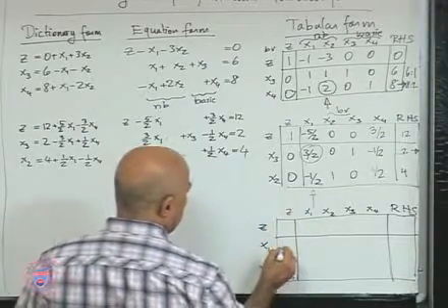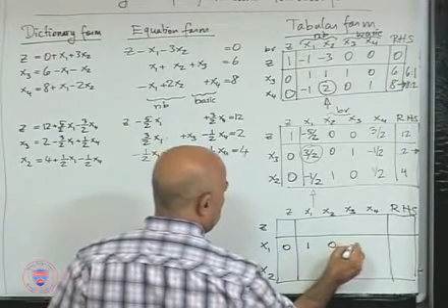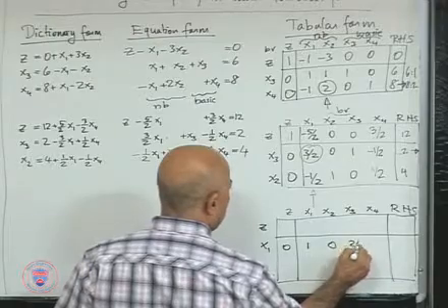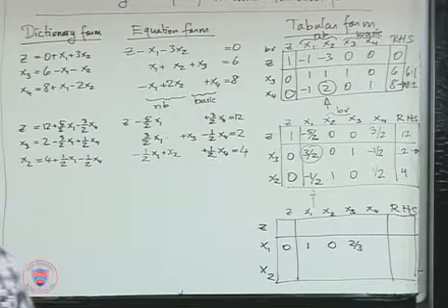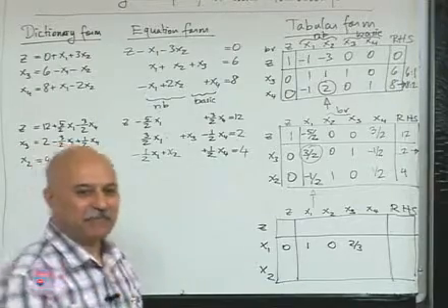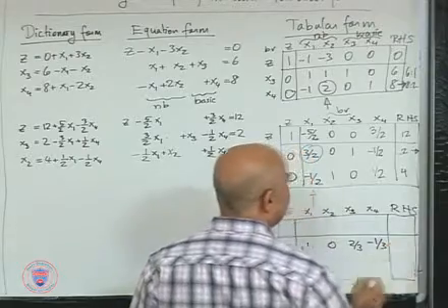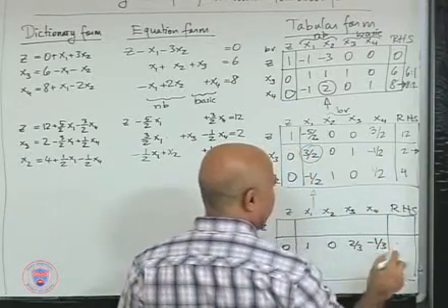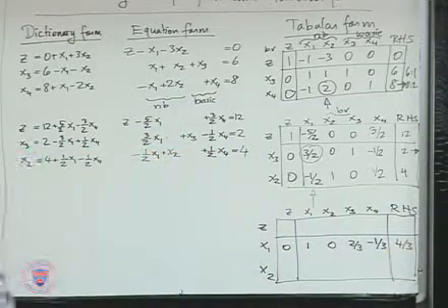So when you do that, you get 0 here, 1 here, 0, 2/3, minus 1/2 divided by 3/2. That's too complicated for you. How much? Minus 1/3. And the right side? 4/3. Okay, that's the new pivot row.